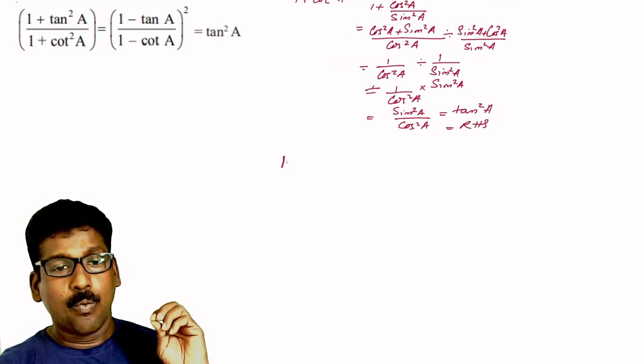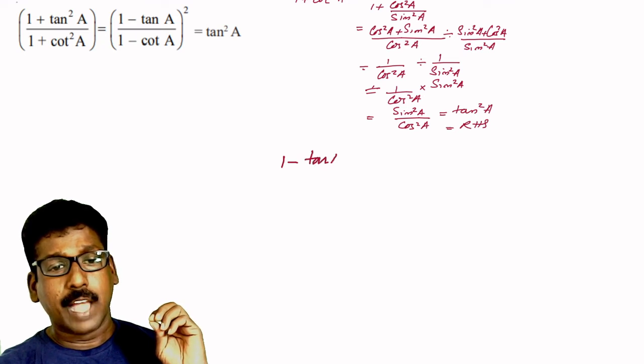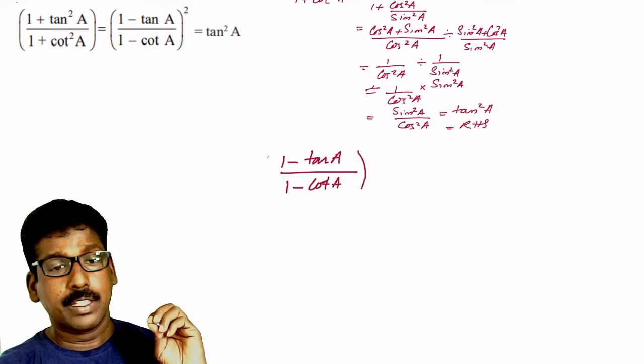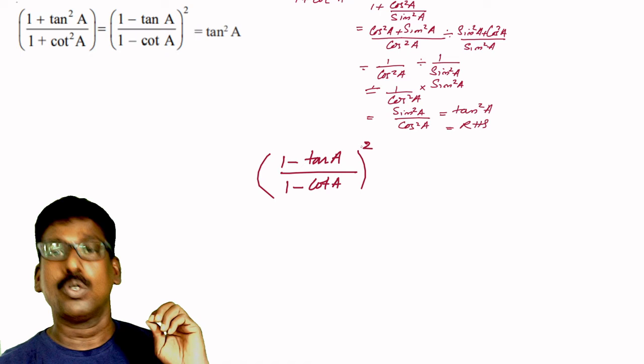Here, 1 minus tan A by 1 minus cot A the whole square.